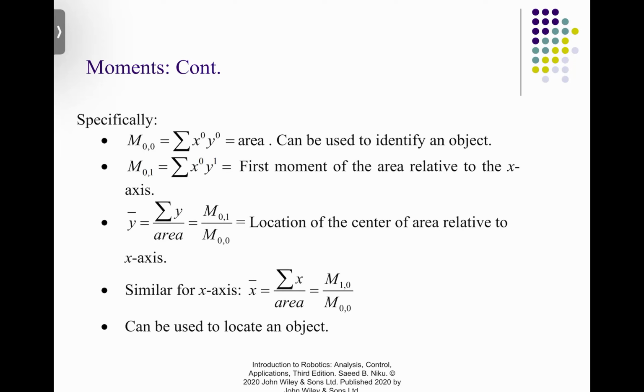Similarly, the center of the area related to the Y axis. That is exactly how that blob algorithm is finding out the centroid of the image. So as you can see, it takes that pixel, it finds the moments, and then divides it by the area.